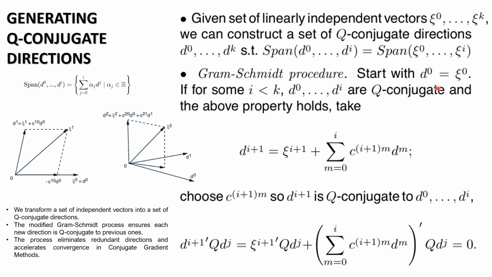And using Gram-Schmidt orthogonalization to make the directions Q conjugate, for subsequent directions we express d(i+1) as a linear combination of the new independent vector xi(i+1) and the previous conjugate directions.